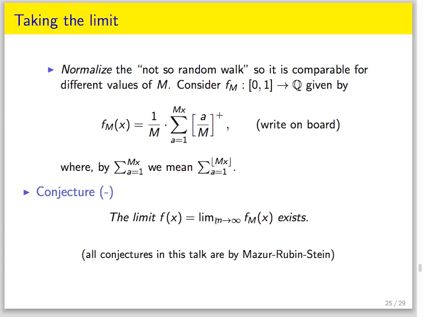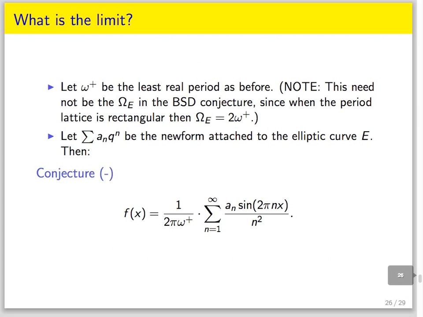Okay. So now, in my remaining few minutes, I'll tell you what I think the limit is and why, and convince you that it is that. So let omega plus be the least real period. That's the thing that the modular symbol is multiplying. The modular symbol is a rational number which, times that, is equal to the integral. So that's the least real period.